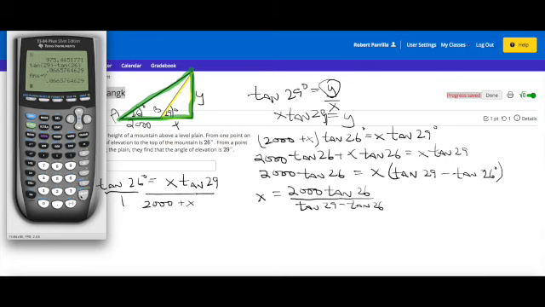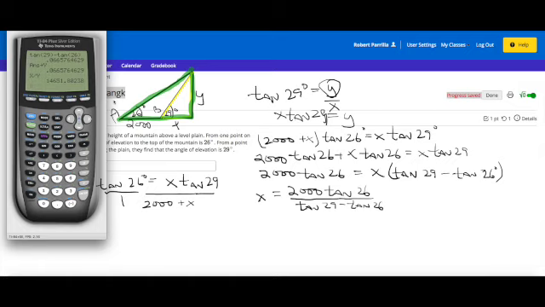So when I divide x and y in the calculator, I'm going to get that horizontal distance that's missing here, and we're going to need that. All right, so I just want to explain to you what's going on here. So x divided by y will give me that horizontal distance of 14,000.